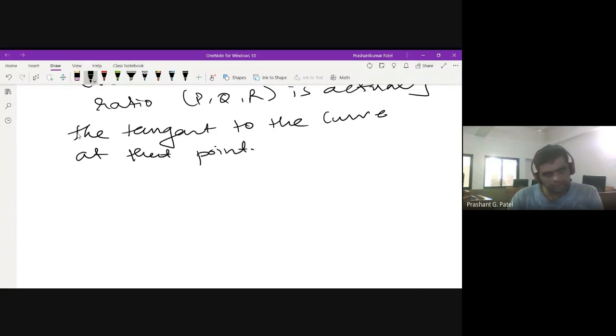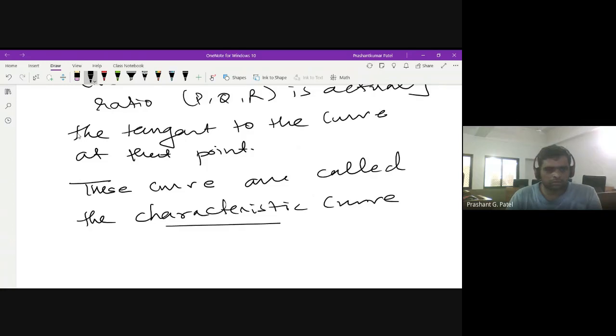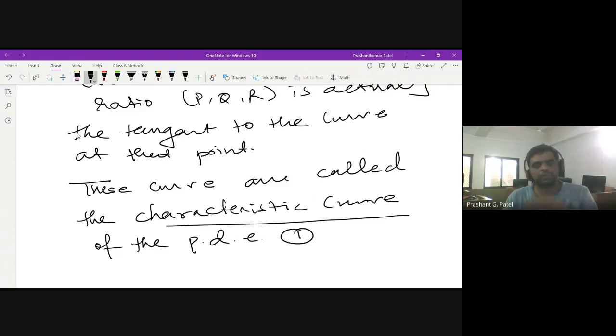And these curves are called the characteristic curves. So it is actually a definition of characteristic curves of the PDE 1, that means the quasi-linear equation which we have written.